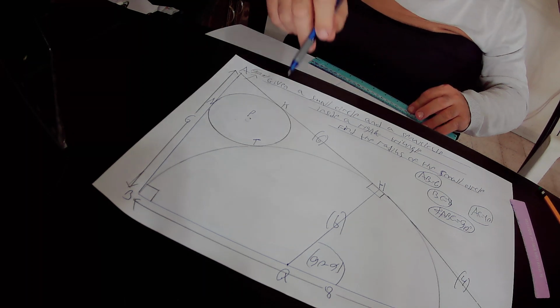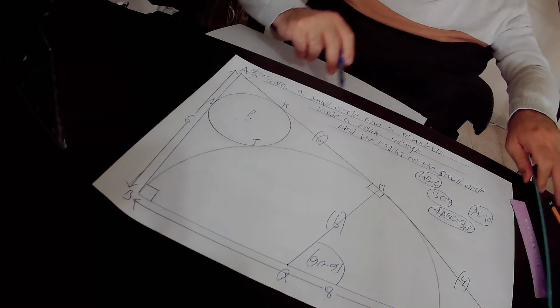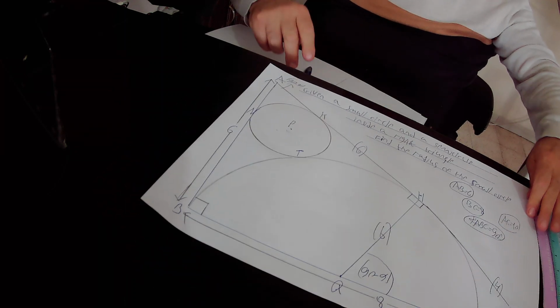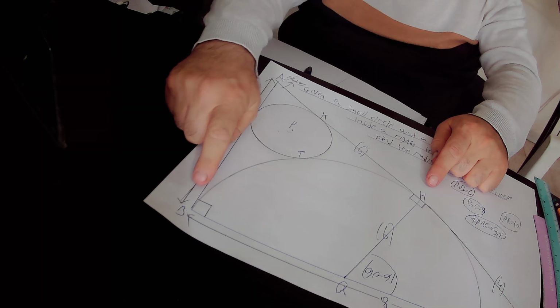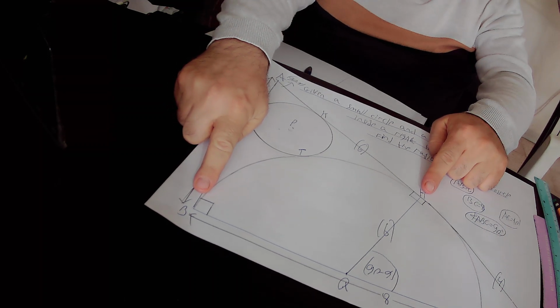So why is the big right triangle ABC similar to this right small triangle HCQ? First of all, those two angles are both equal to 90 degrees, therefore they are equal to each other.